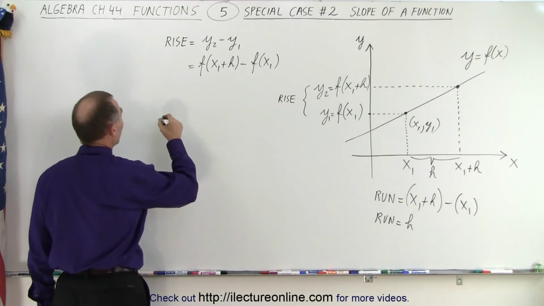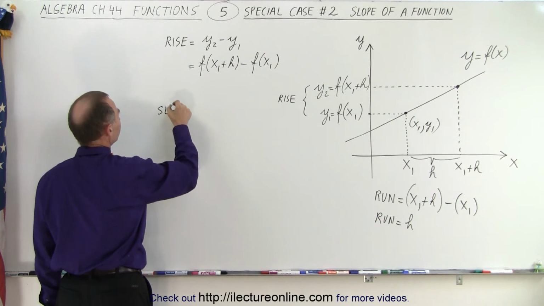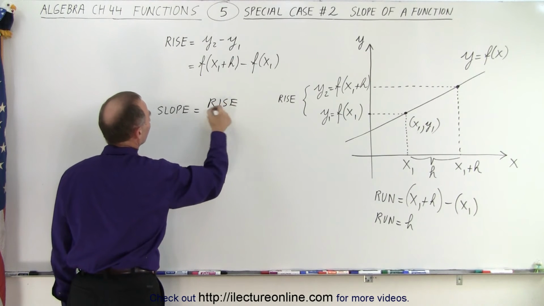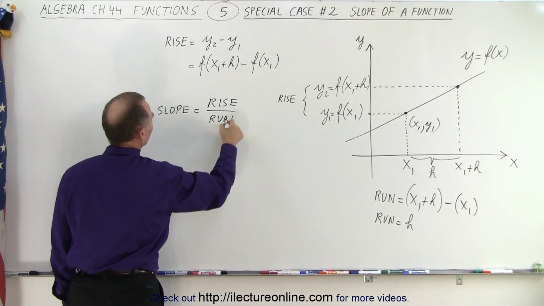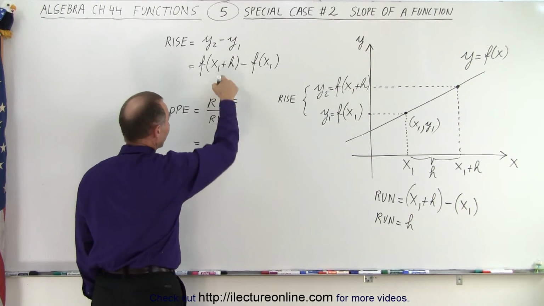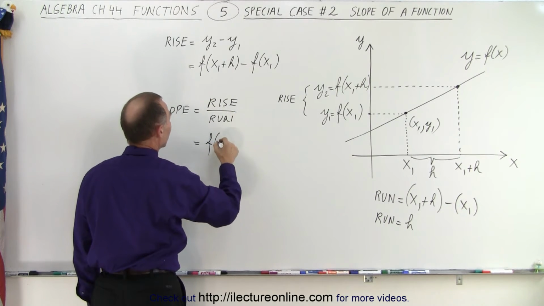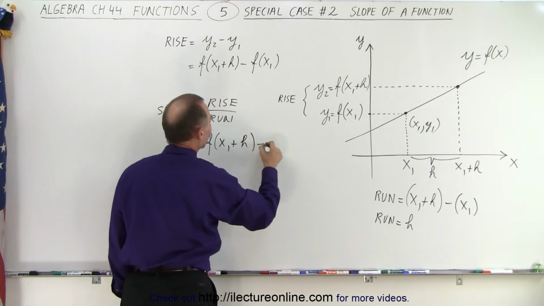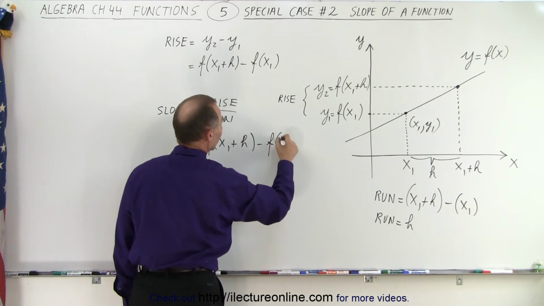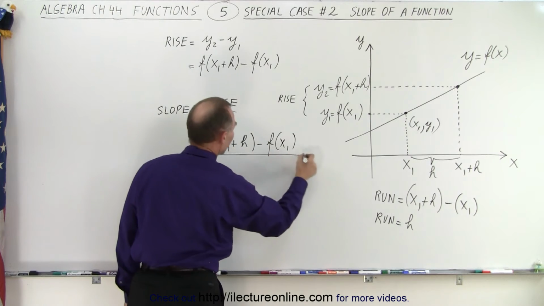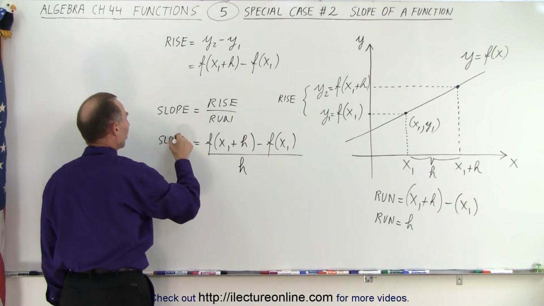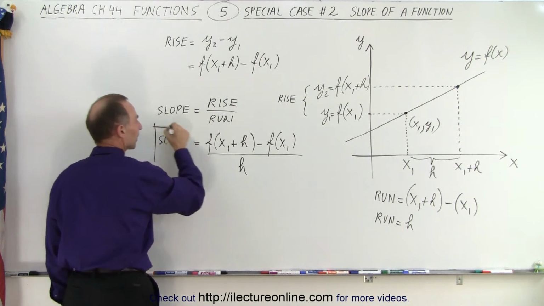So now, when we want to write the slope, it is equal to the rise divided by the run. In this case the rise is simply the function evaluated at x1 plus h, minus the function evaluated at x1, divided by the run, which is h, and that is equal to the slope of that particular line.